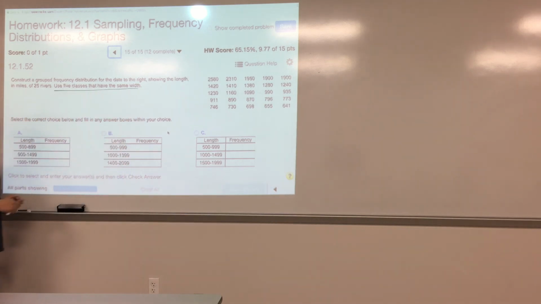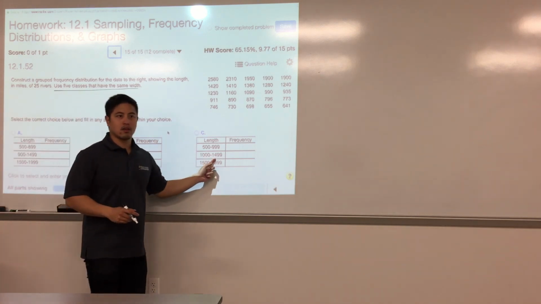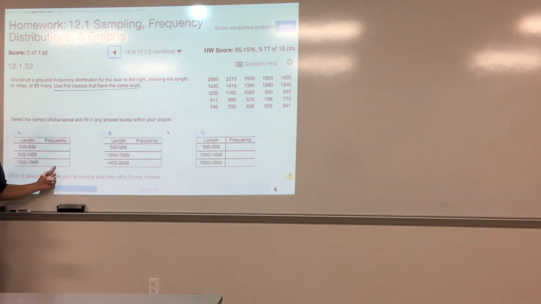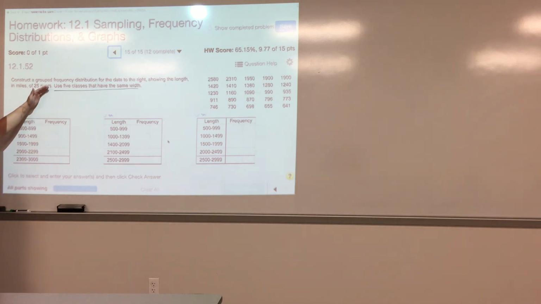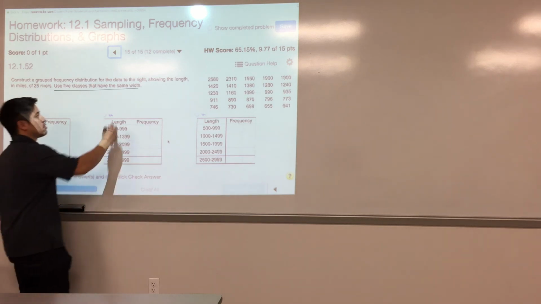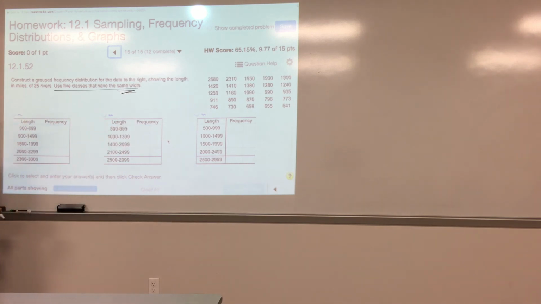Before we even get started, you have to select the correct starting table. Which one of these should we use to start? And here's my hint. Use 5 classes that have the same width. Which one is it?